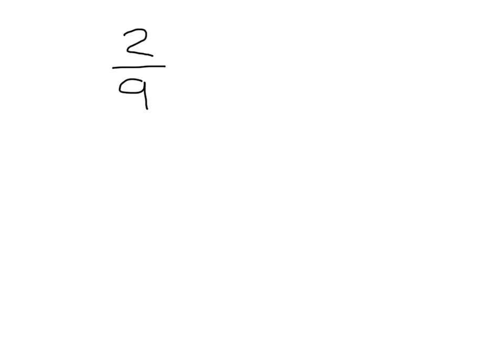All right, please take 2/9 and convert it to a decimal. Pause your video and then check your answer. Okay, welcome back from pausing the video. Let's take the number 9 and divide it into 2.